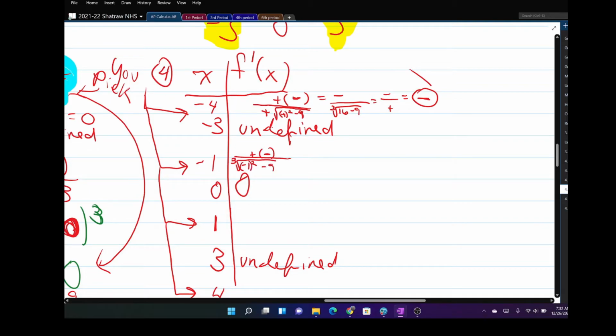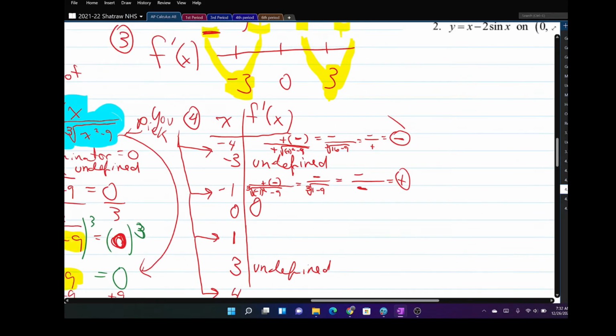Well, the -1, when I square it, I get a +1, so that's going to be +1 minus 9. And when I take the cube root of that, I'm going to end up with a negative number. So on top, I had a negative times a positive. That's a negative. But on bottom now, I also will have a negative, which means a negative divided by a negative is a positive. And hallelujah, I end up with a positive here, just as I predicted.